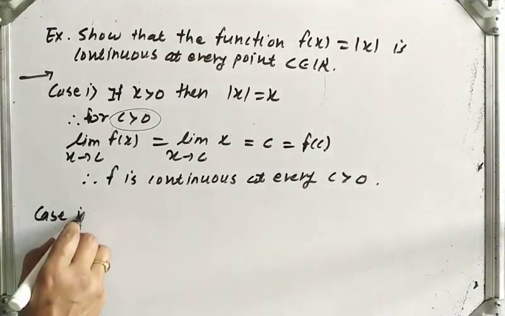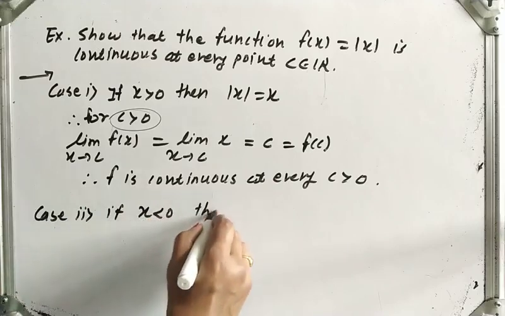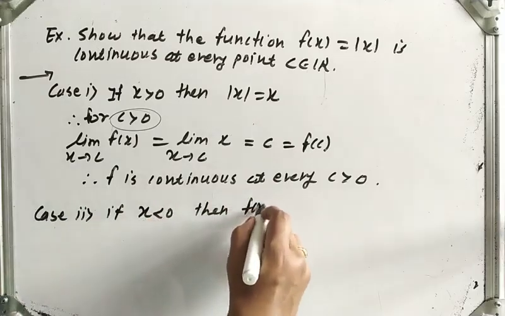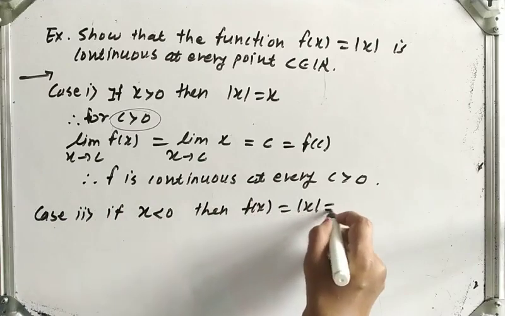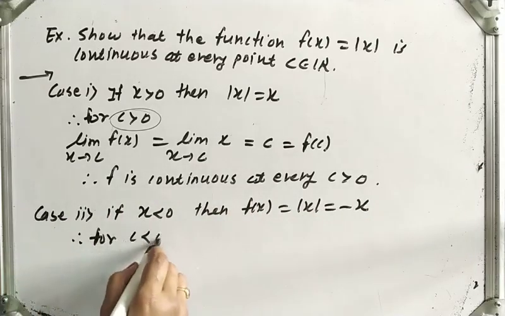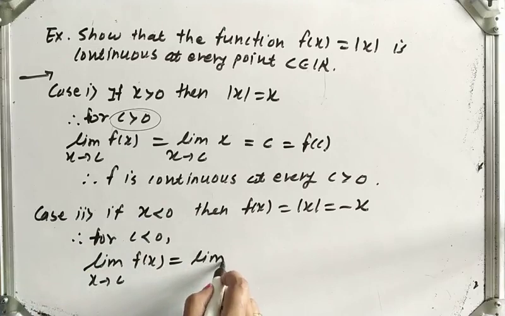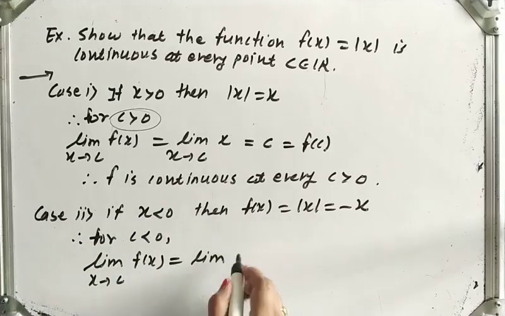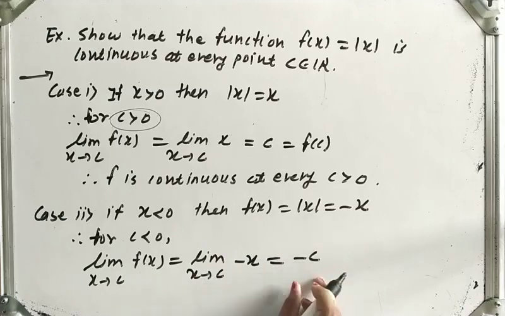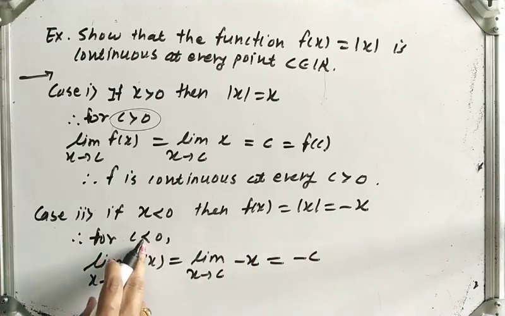Second case, if x less than 0, then what will be f of x? Then f of x, that is mod x, that will be minus x by definition. Therefore for c less than 0, what happens? Limit of f x as x tends to c is equal to limit of minus x as x tends to c, which is equal to minus c. And what is minus c? By this definition of function, again here c is less than 0.